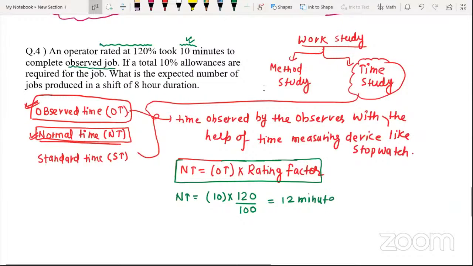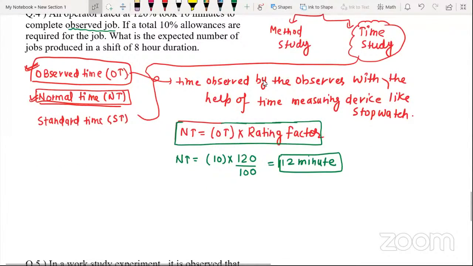So the normal time is the time taken by a normal worker under normal working conditions. The rating factor is only applied for manual operations.